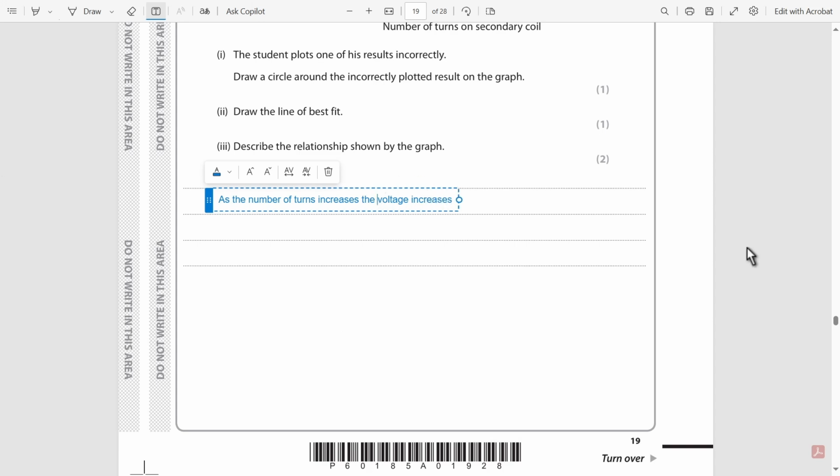No, I should say the output voltage. And we should also talk about how the voltage is directly proportional to the number of turns.